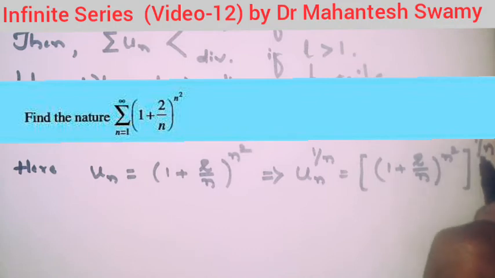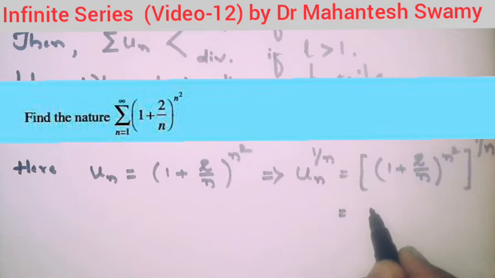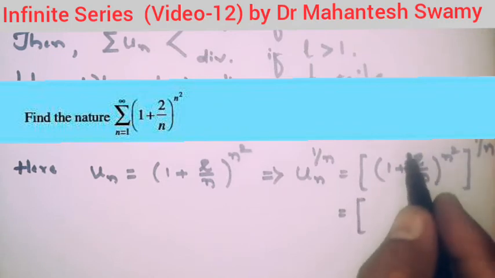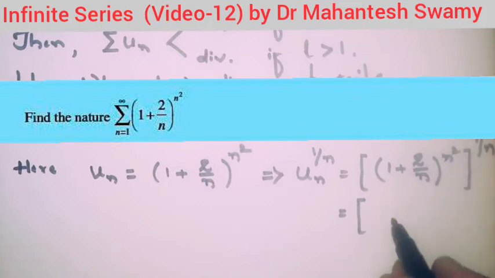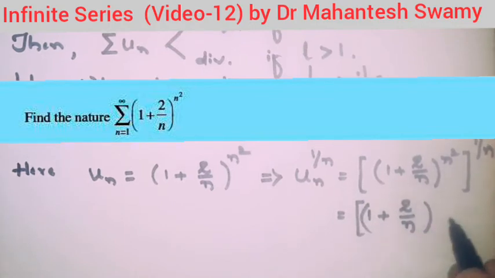Now we have to simplify this according to the laws of indices. A to the power m whole to the power n is a to the power m into n. So these two indices can be multiplied. n square into 1 by n is n. So it is simply 1 plus 2 by n whole to the power n remaining after simplification.